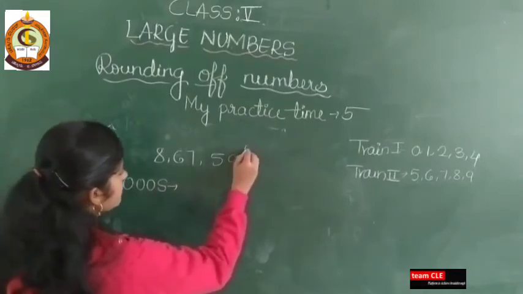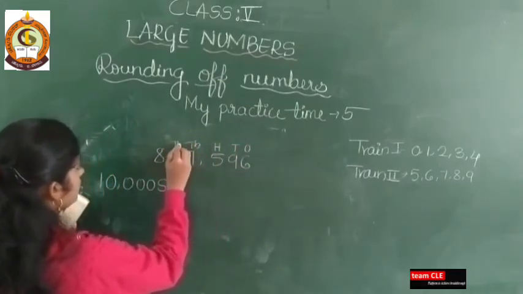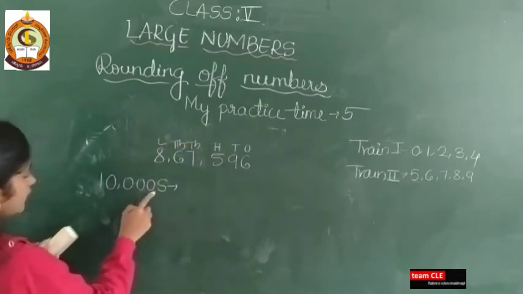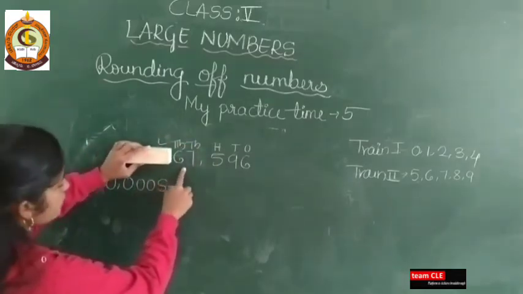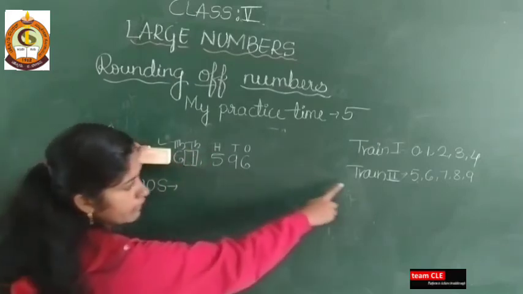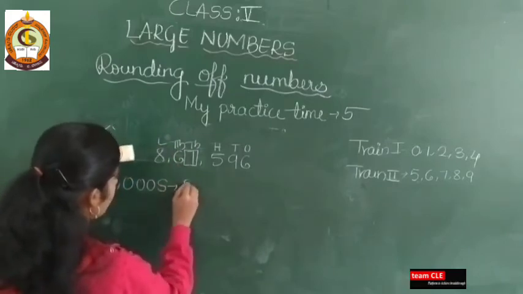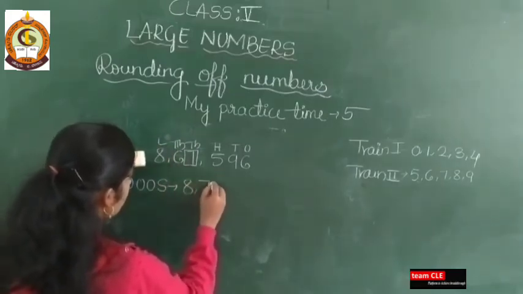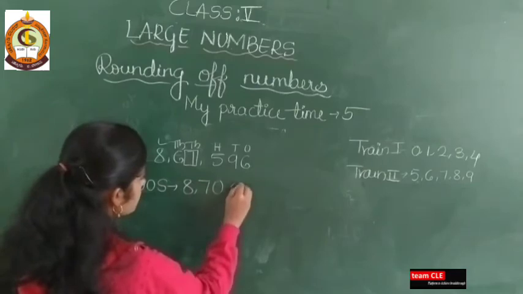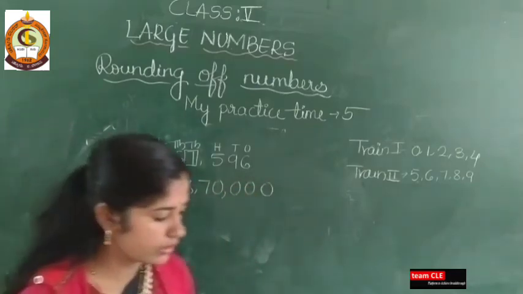Again you write the place values: ones, tens, hundreds, thousand, 10,000, lakh. Rounding off nearest to 10,000 means you need to see the 1000 place. So 7 will come in tray number 2, you need to add 1 here. Write 8 as it is. This becomes 7, this becomes 0, 0, 0, 0. So this is how you have to round off the numbers.